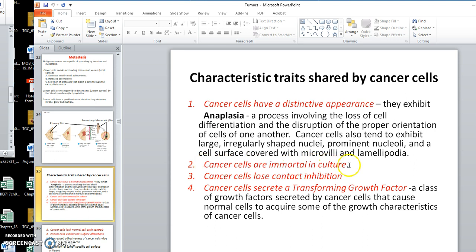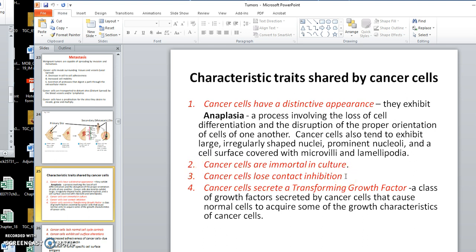The famous HeLa cells, Henrietta Lacks. There's been a lot of book reading on that over the last 2 or 3 years at the college here. But the HeLa cells were from a lady that had female cancer, uterine cancer, and they just kept growing them. They lose contact inhibition.